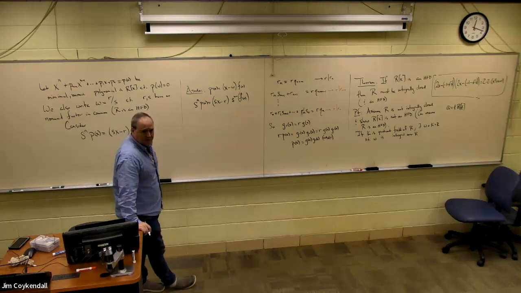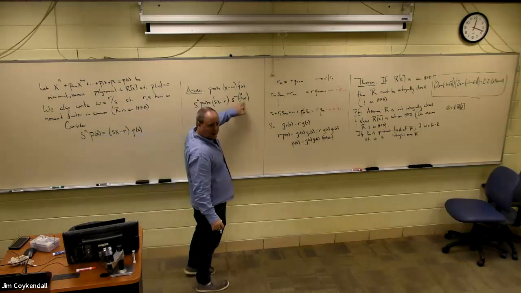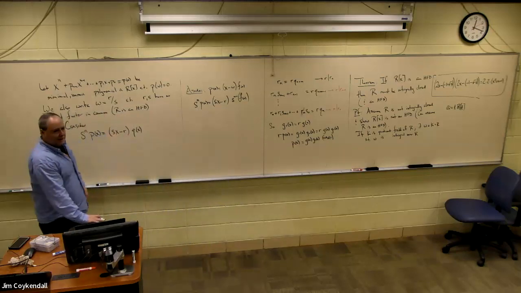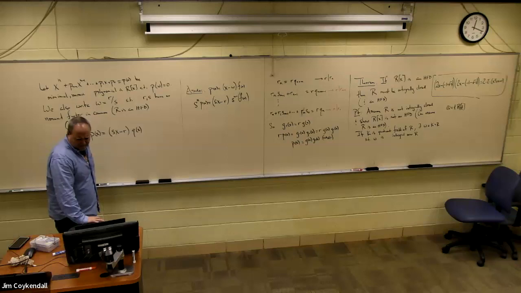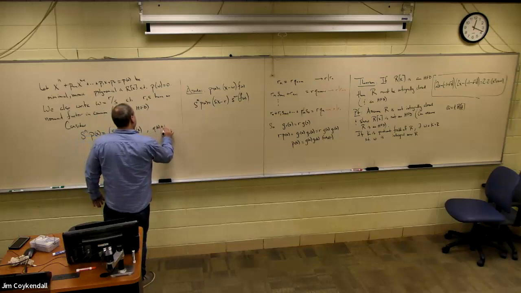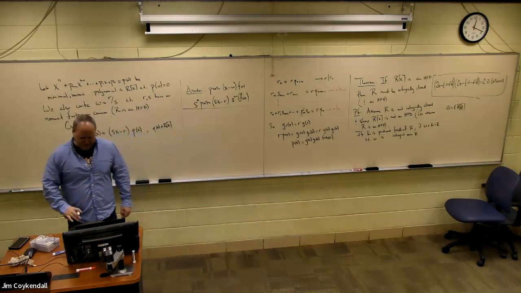Questions on that? So, instead of calling this s^n f of x, where f of x may not be in R[x], I just call this q of x in R[x]. Everybody cool with that? Now, I'm going to start to count. Let me make a couple of observations here about this factorization.